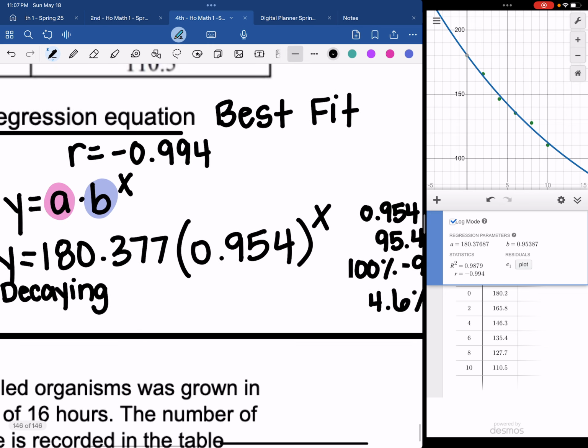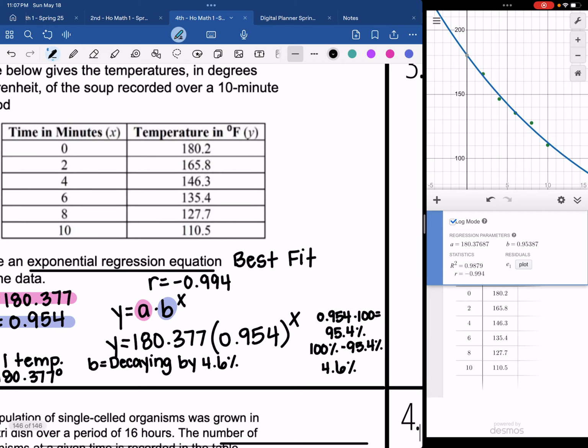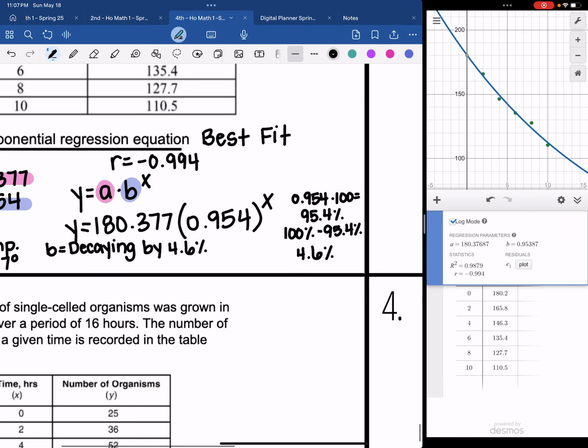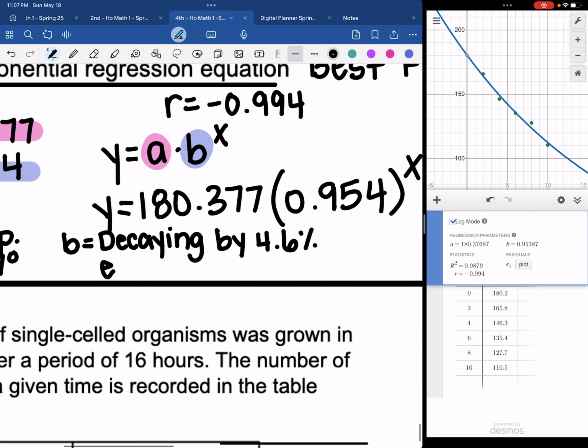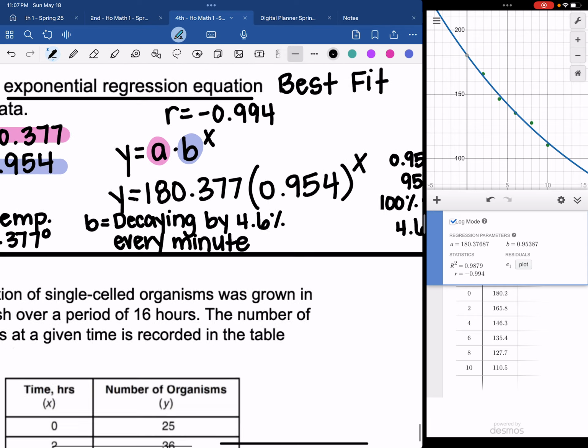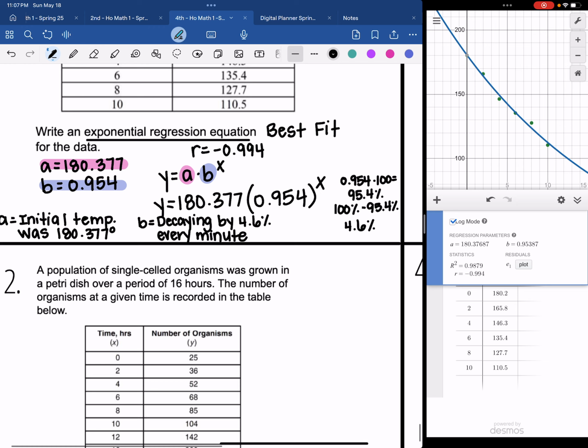So it's decaying by 4.6%, and it said every 10 minutes. Or wait, it's cooling by 4.6% every minute. So you can always interpret these as well, just by using the y-intercept and then finding the initial value and thinking about it in terms of what they're asking.